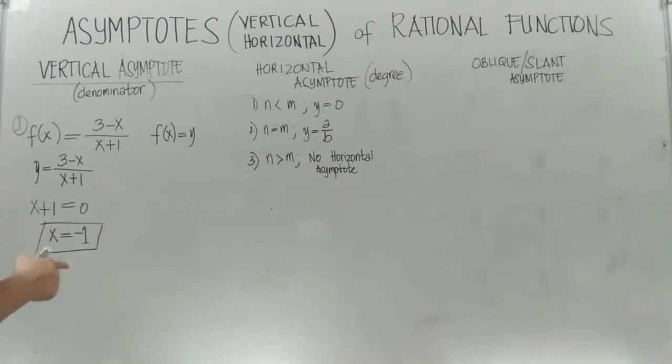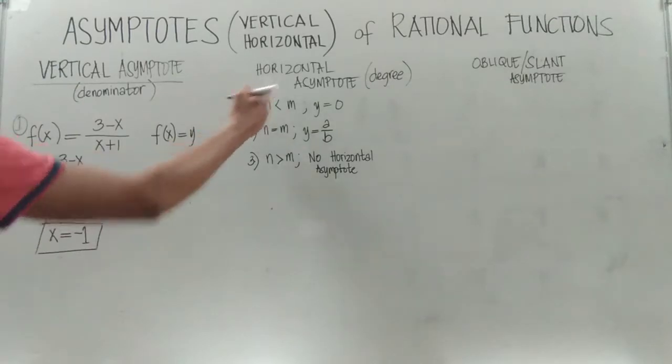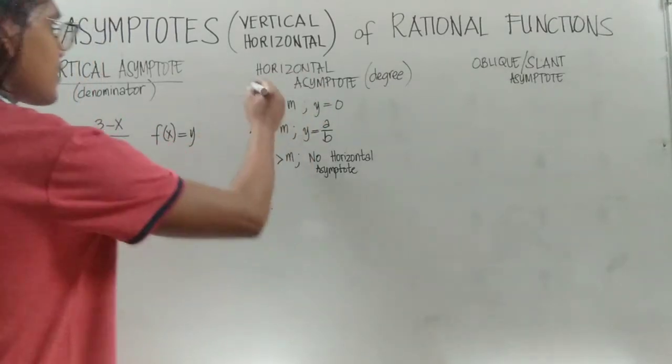So x equal to -1, the value is just like solving the domain. So the equation of the line of the vertical asymptote of the rational function is x equal to -1. Very easy.